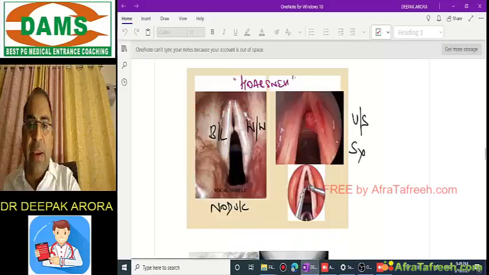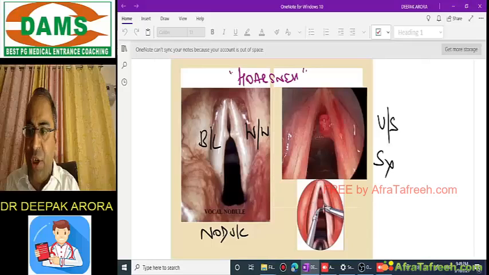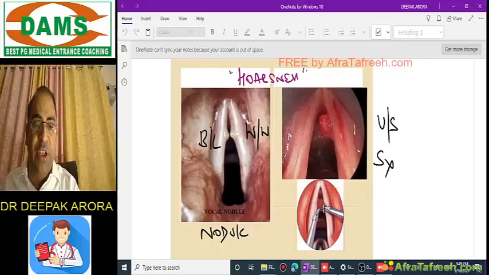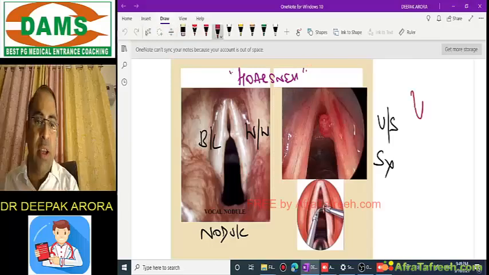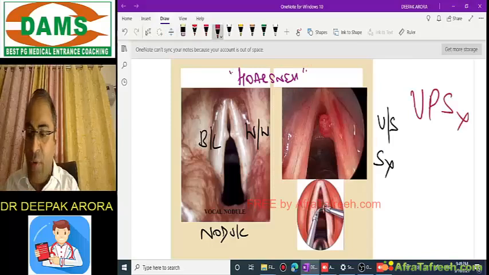Patient complaining of hoarseness. If a patient is complaining of hoarseness, remember two possibilities. If it is a unilateral lesion, it is a polyp. If it is a unilateral polyp, we have to go for surgery, we will operate.